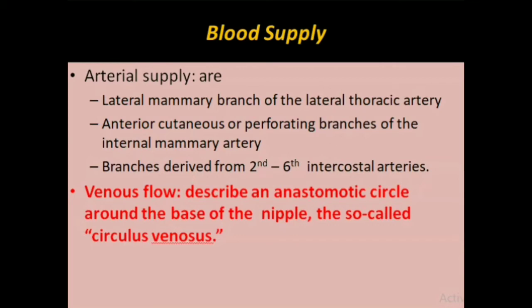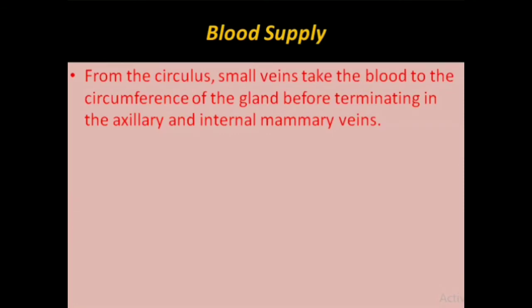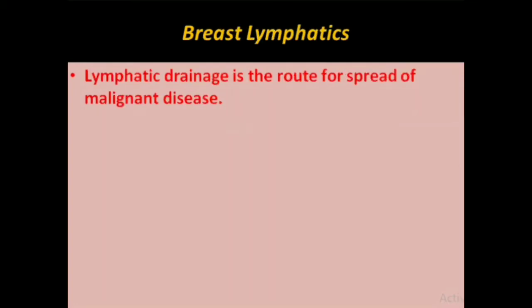Venous flow describes an anastomotic circle around the base of the nipple, called the circulus venosus. From the circulus, small veins take the blood to the circumference of the gland before terminating into the axillary and internal mammary veins.